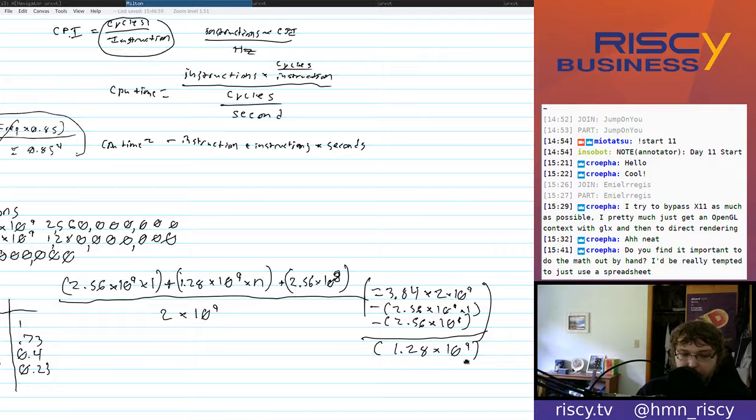There it is. Okay, and then we take that minus 2.56 times 10 to the 9th, and that's going to be times 1.